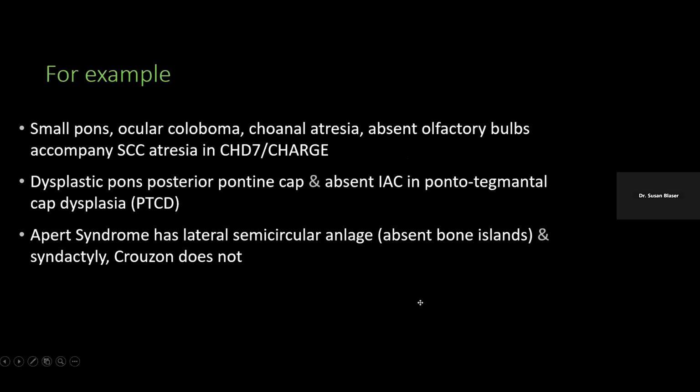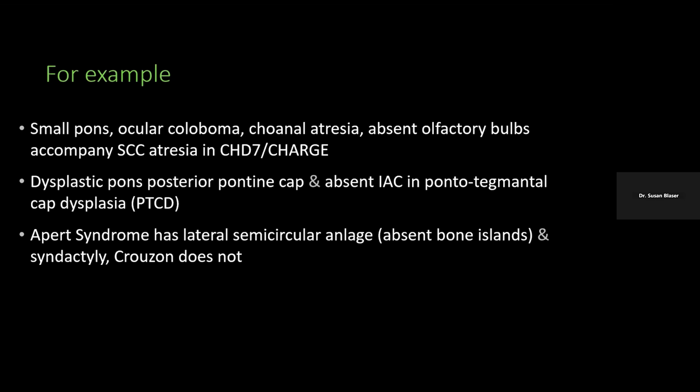Now, for example, if you're thinking about CHARGE, think about the small pons, the ocular coloboma, the choanal atresia, and the absent olfactory bulbs. And then you are going to look for semicircular canal atresia. And that's going to be the finding that actually makes the diagnosis. If you're going to look at the pons again, let's talk about the dysplastic posterior pontine cap and the absent IAC in pontotegmental cap dysplasia.